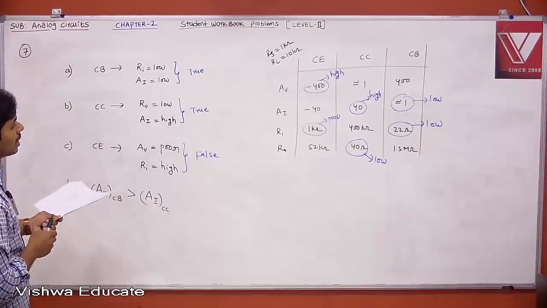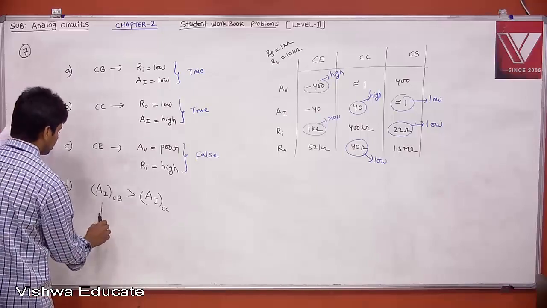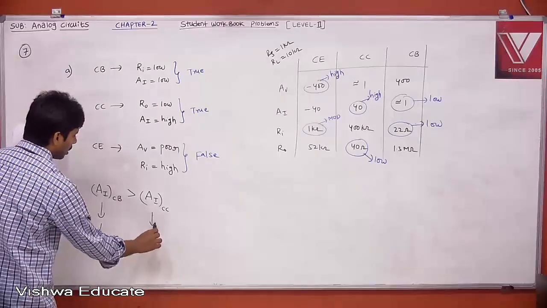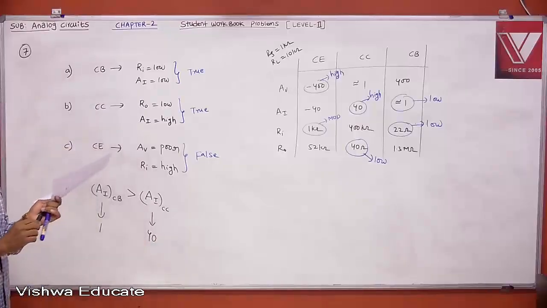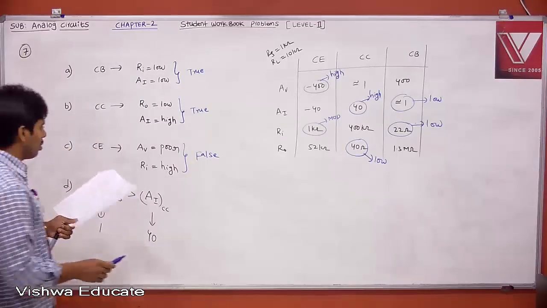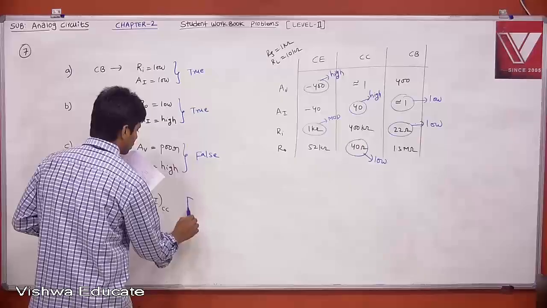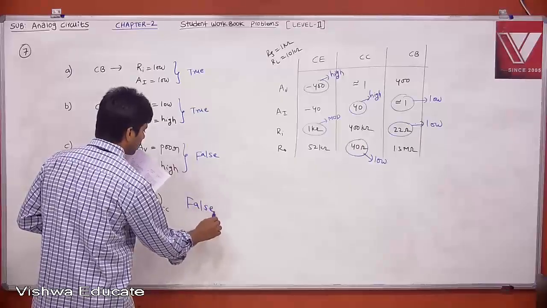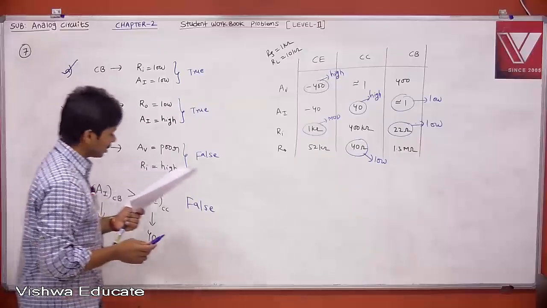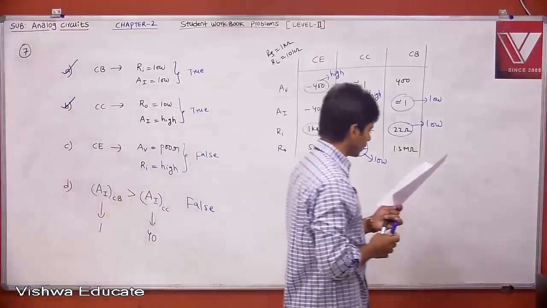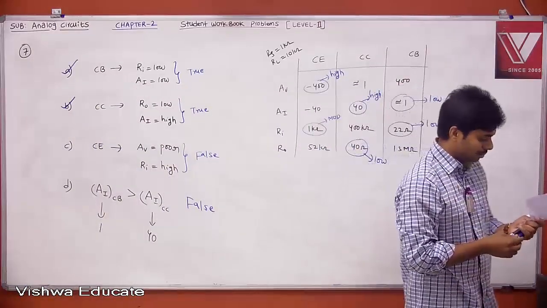The current gain of CB amplifier is 1. What is the current gain of CC amplifier? Let us say 40. Is this true? Is 1 greater than 40? No, this is also false. Therefore, what are the answers? Your answer is A and B. We have two answers, A and B.